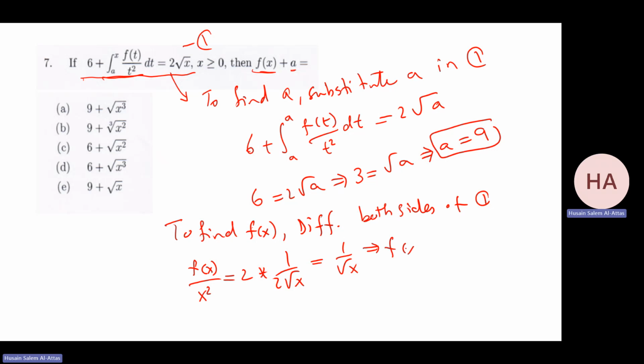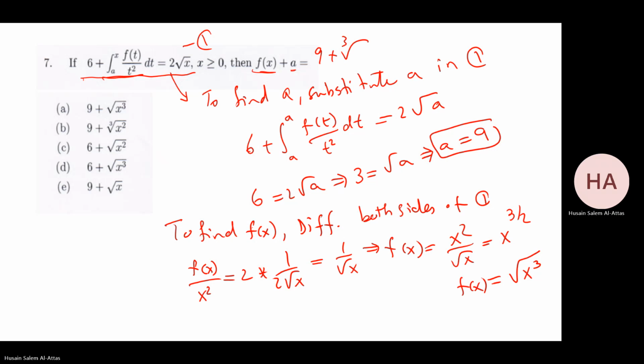So f of x will be x squared over square root of x, which is x to the power 3 over 2. In other words, square root of x cubed. That will be f of x. So this one will be 9 plus square root of x cubed, which is this one.